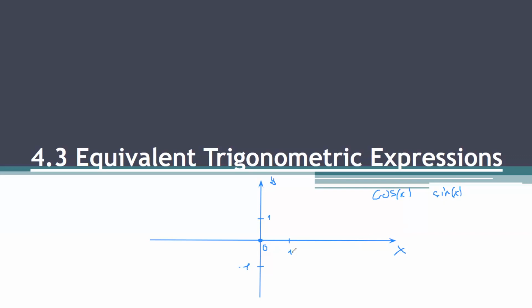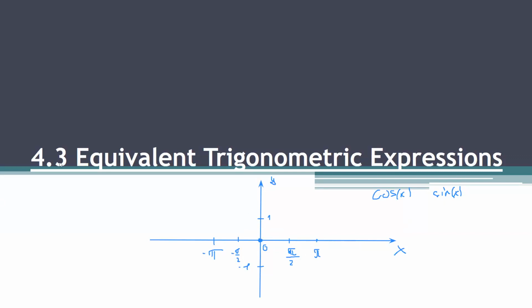So 0, pi over 2 and pi. Negative pi over 2 and negative pi.